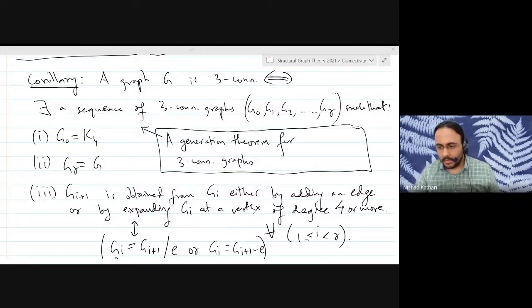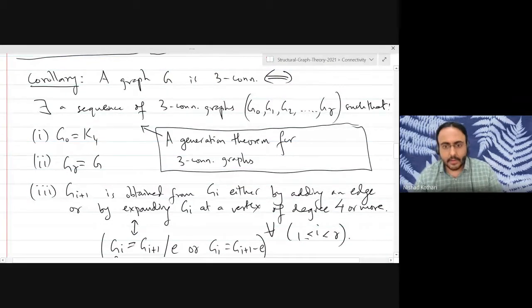Good afternoon or good evening, everyone. So, last lecture we were in the midst of proving Thomason's theorem, right? Once we prove Thomason's theorem, we immediately get this consequence, which is a generation theorem for three connected graphs.